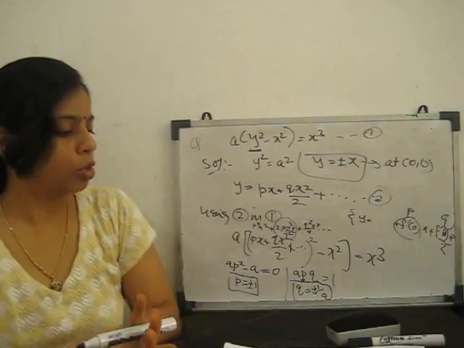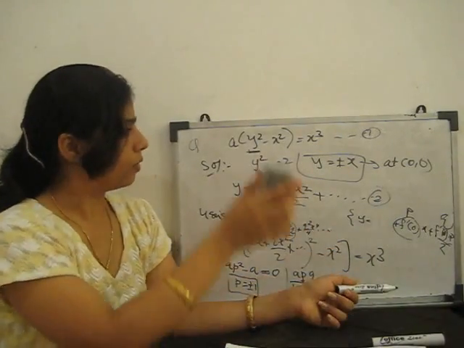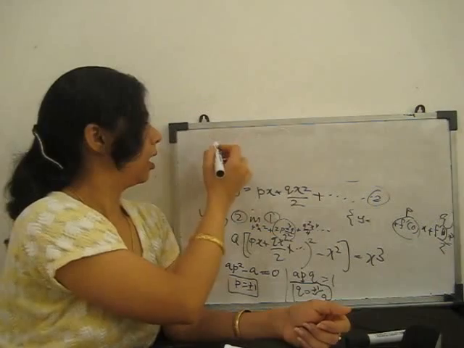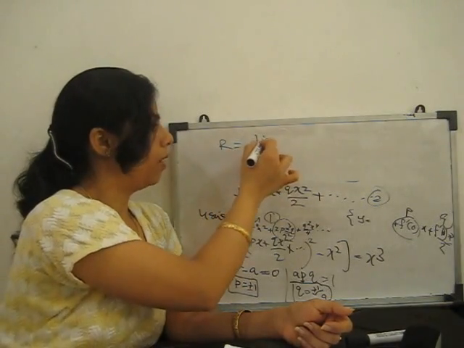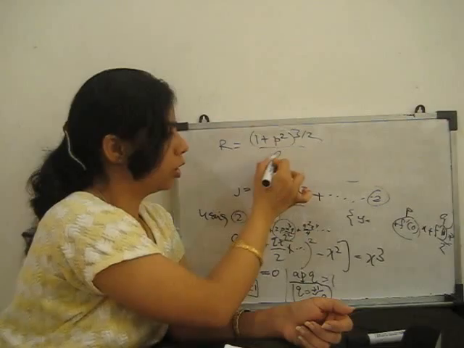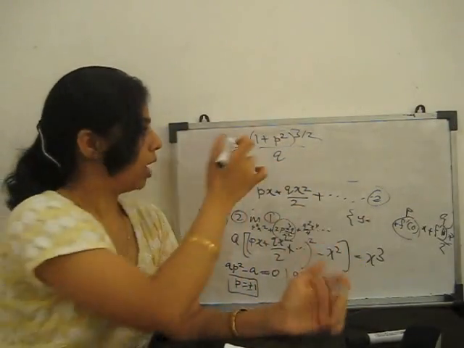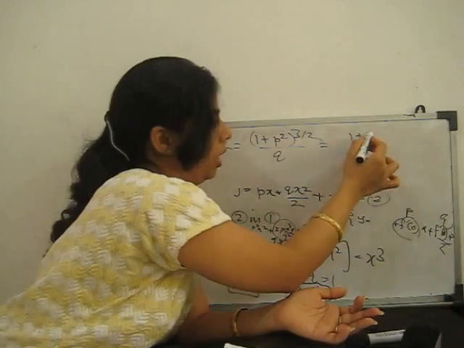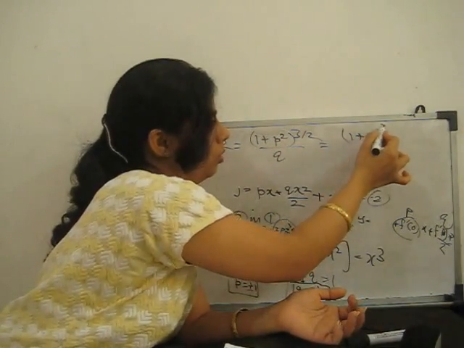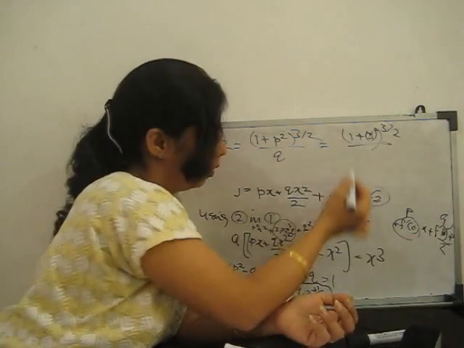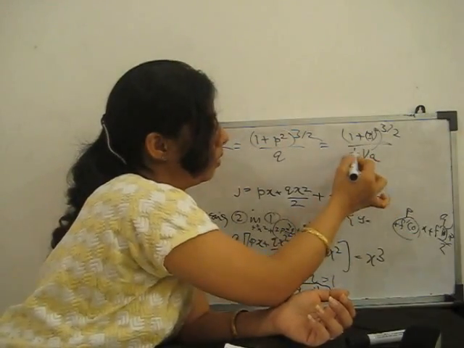Now we have to substitute this in our radius of curvature formula. So what is our formula? Formula is r is equal to (1 plus p square) to the power 3 by 2 upon q. Clear? So now substitute the values: (1 plus 1) to the power 3 by 2 upon q, which is 1 by a plus minus.